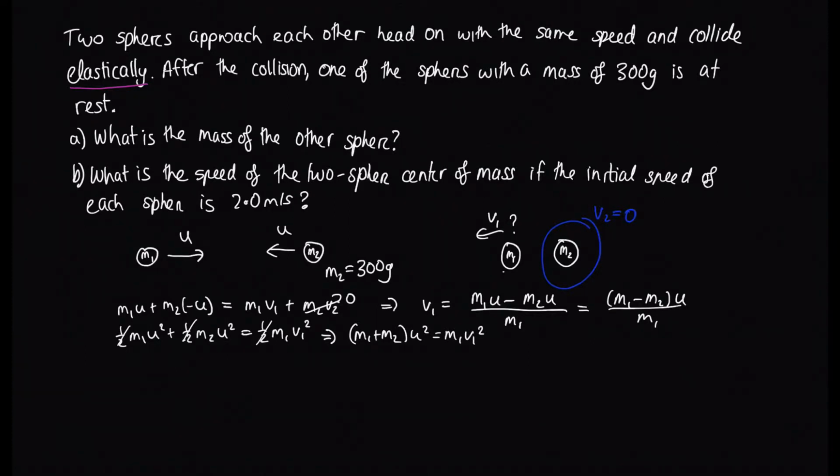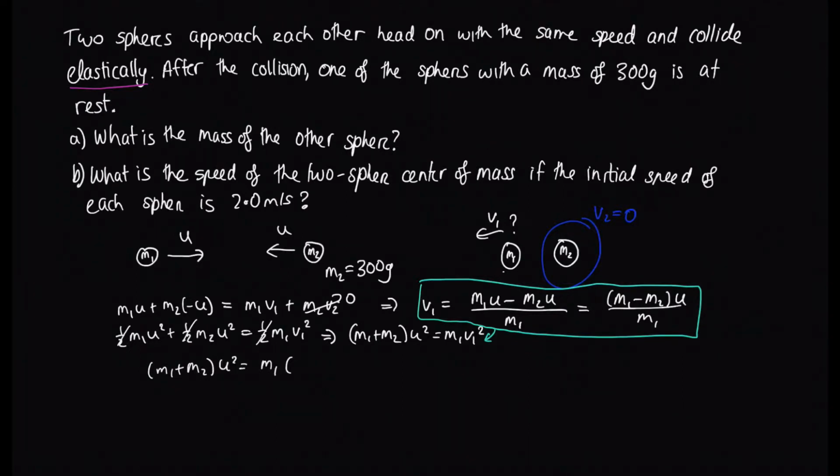Just above, we came up with an expression for v1, which we can substitute in here. So we now have m1 plus m2, times u squared, is equal to m1 times v1 squared, so we've got m1 minus m2, squared, times u squared, over m1 squared.